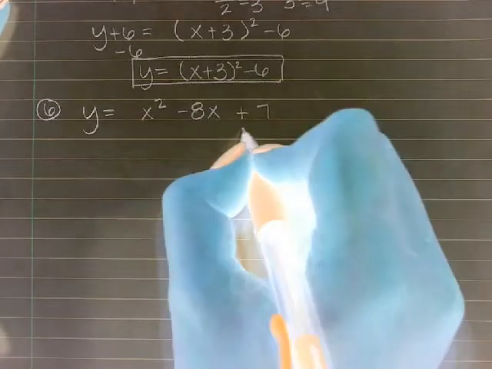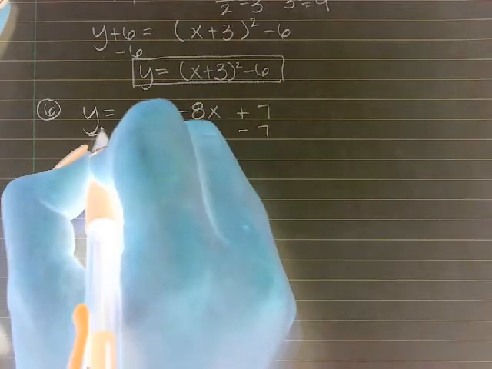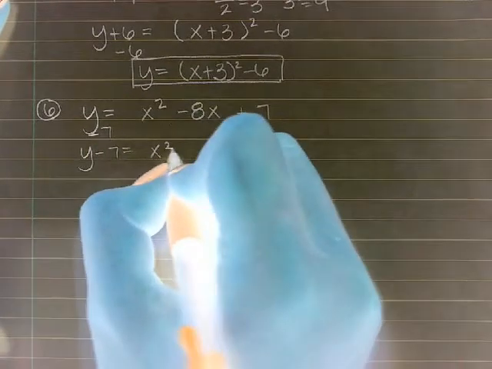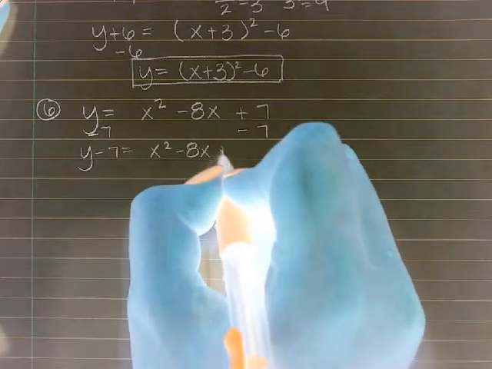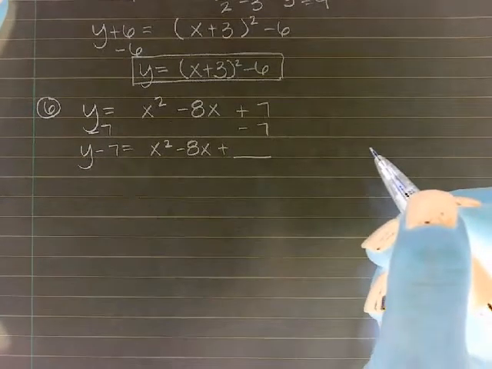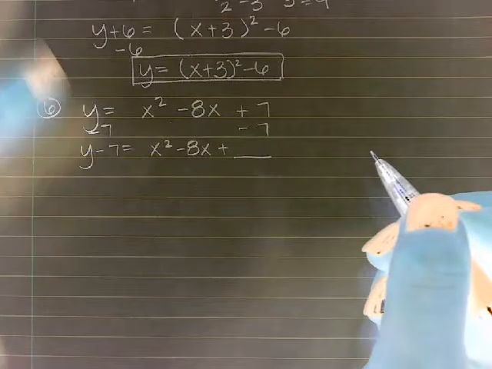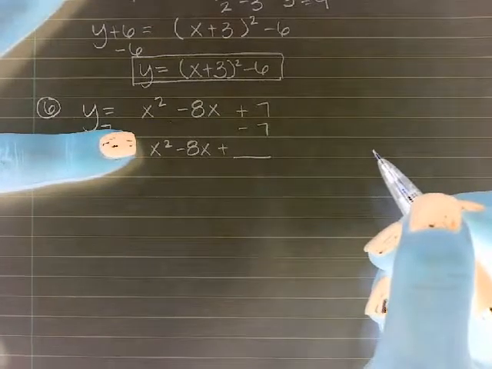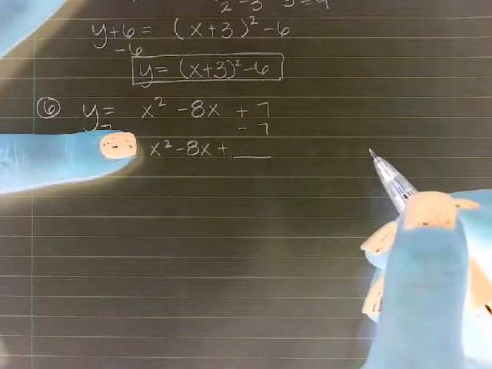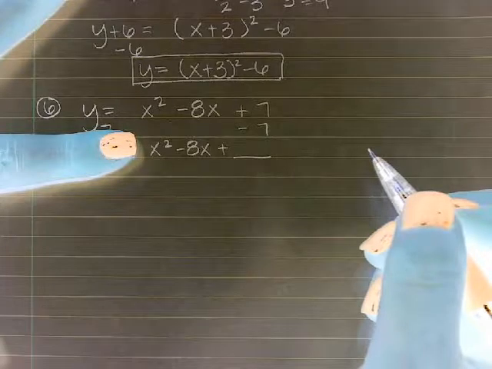So I minus the 7 over. And then I cover this up. So what do we do? Divide by 2.